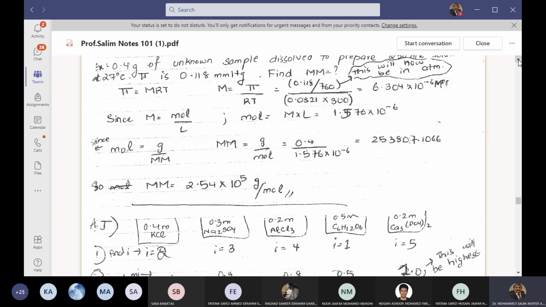So far, I have used osmosis. Now, I would like to calculate molar mass using either boiling point elevation method or freezing point depression method. So give me a second. Let me grab the book.